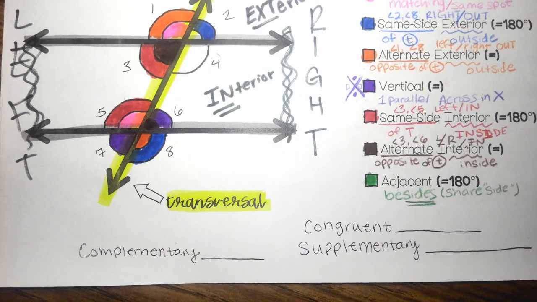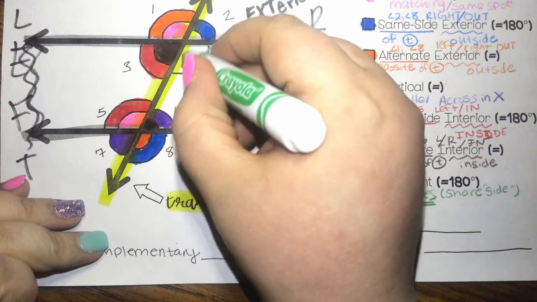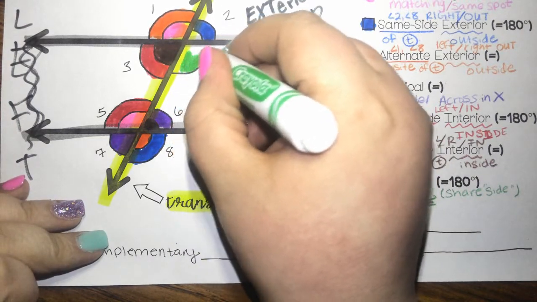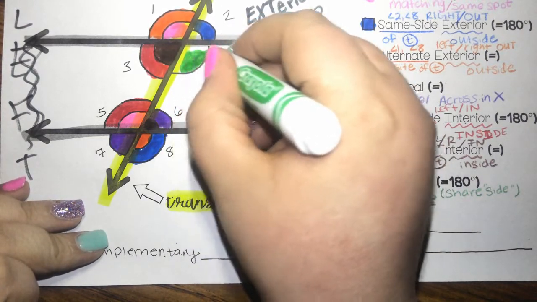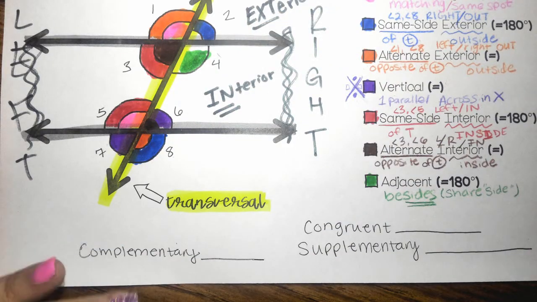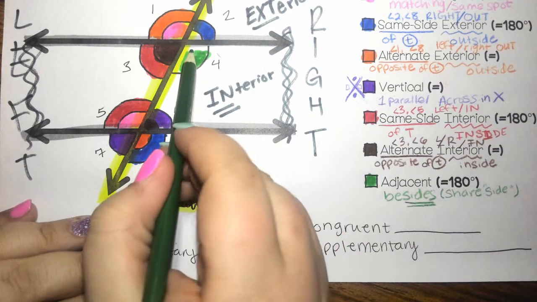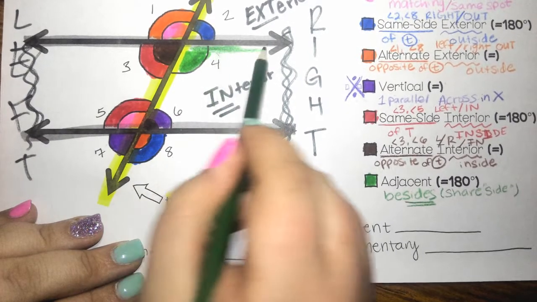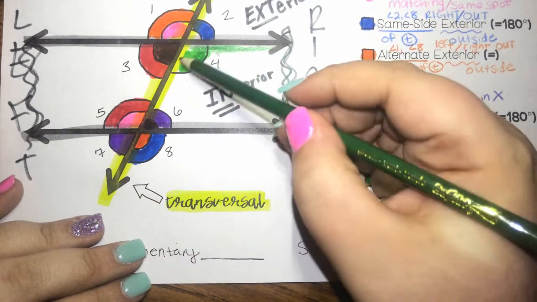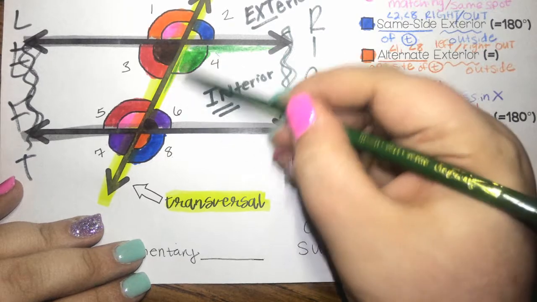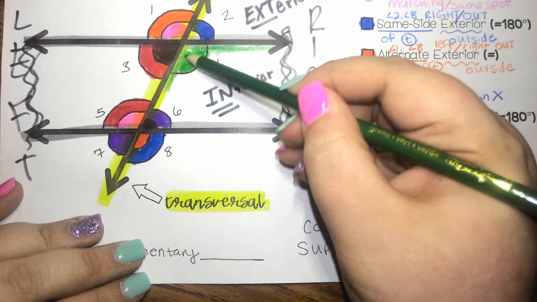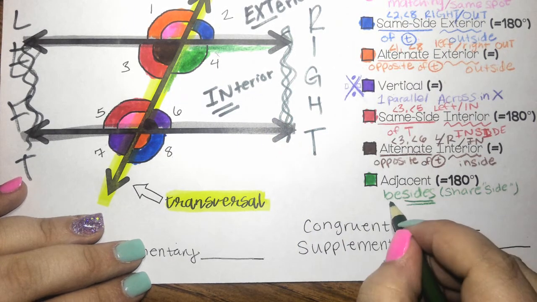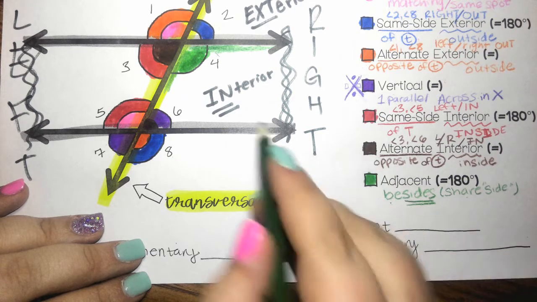So let's look at angle 4. Now the stuff that outlines angle 4 is this part of the horizontal top parallel line and this part of the transversal. Now adjacent angles are sharing a side.